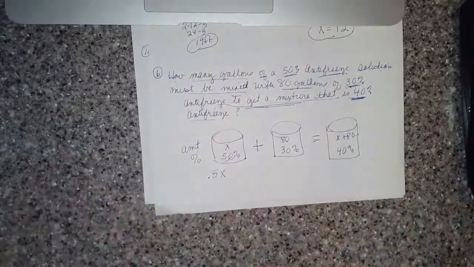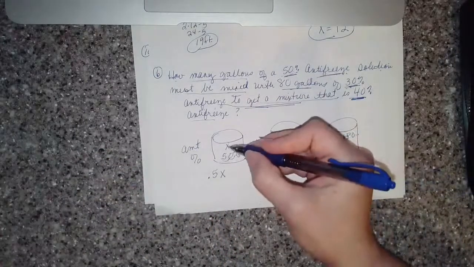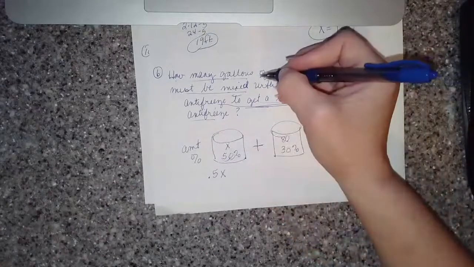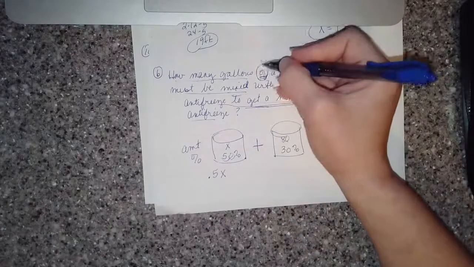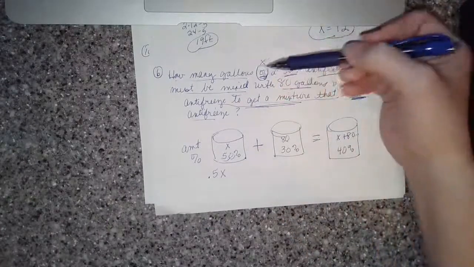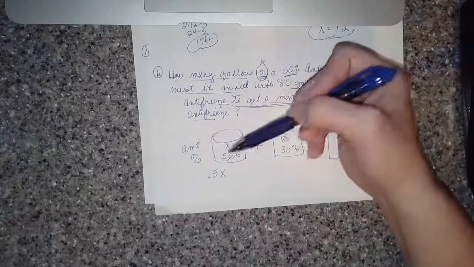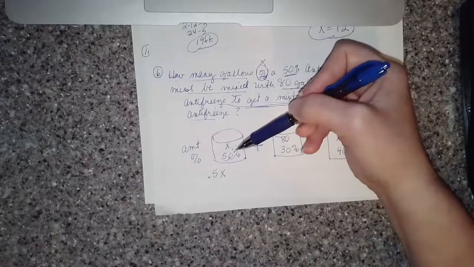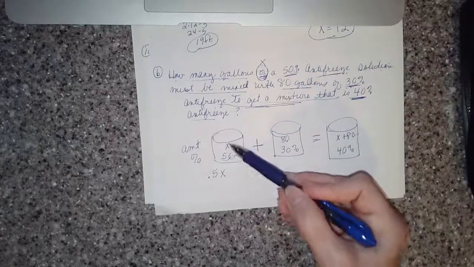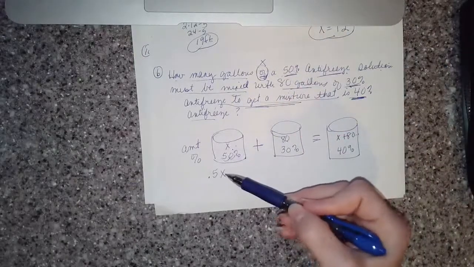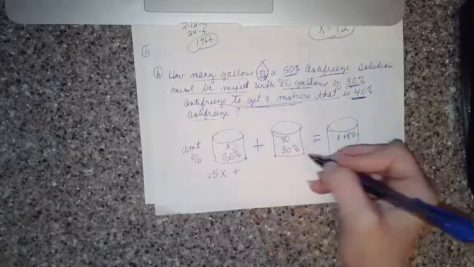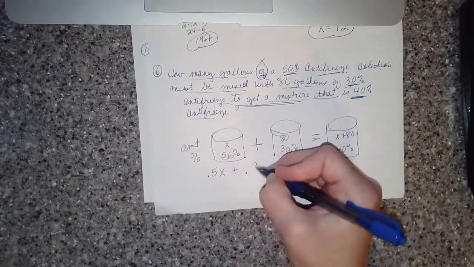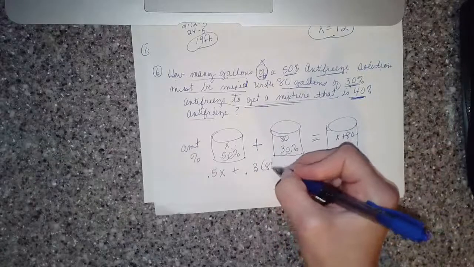The amount multiplied by the percent will tell you the exact amount of antifreeze in that bucket. So you multiply these two together: 50% of x plus 30%, which is 0.30 or 0.3, of 80, to get 40%, or 0.4, of the total.